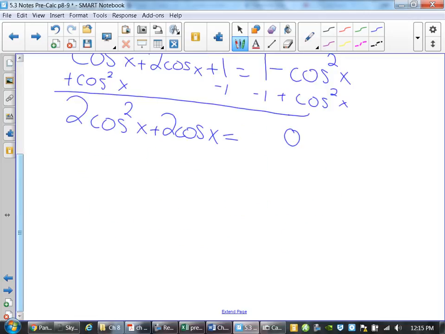So now I'm back at 2 terms, both set equal to 0. So I set both terms equal to 0.